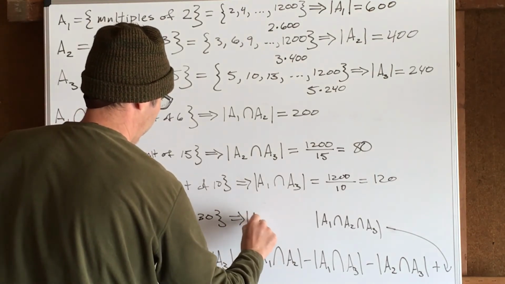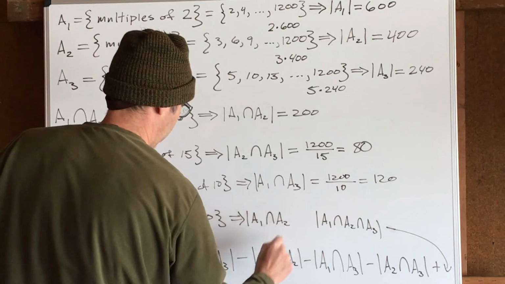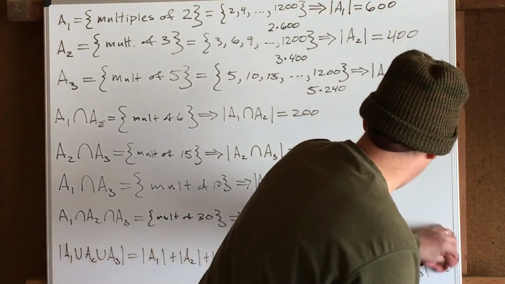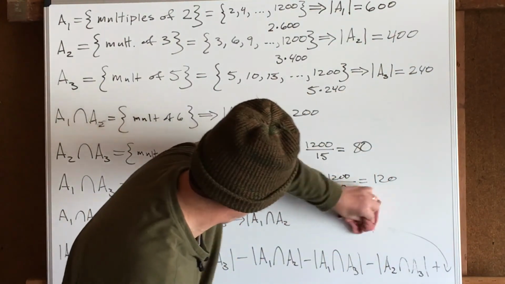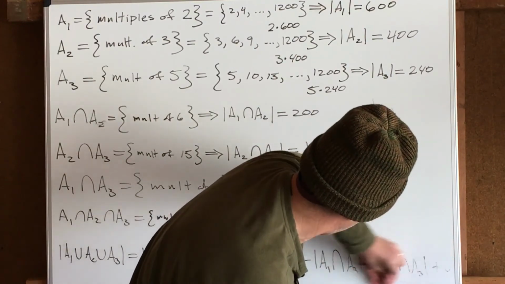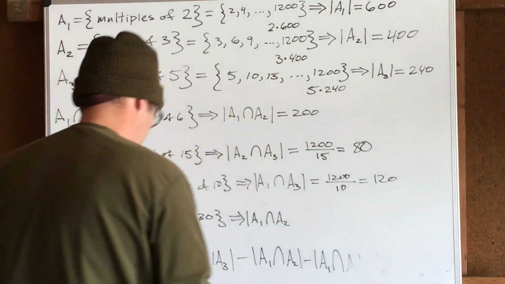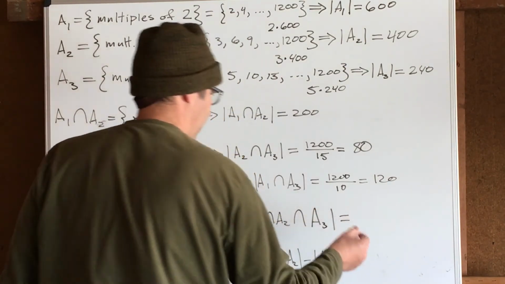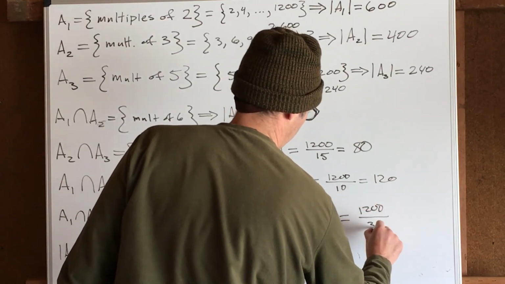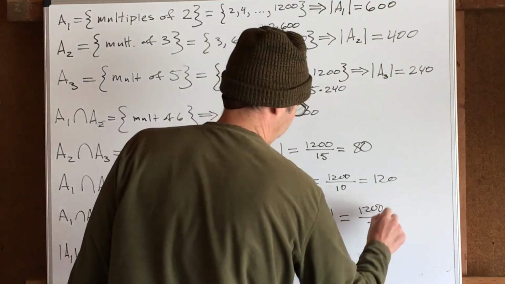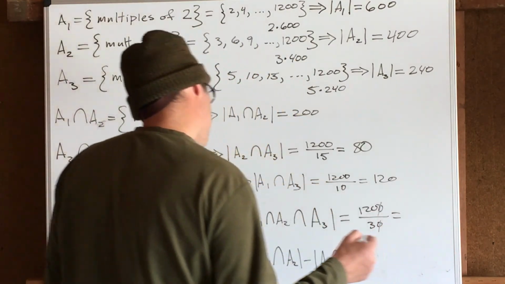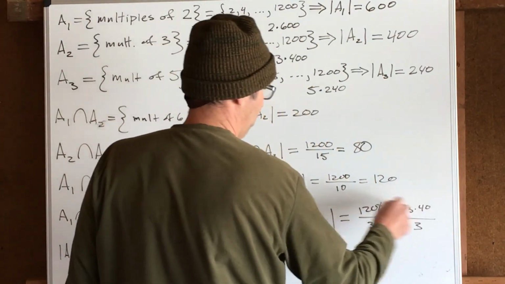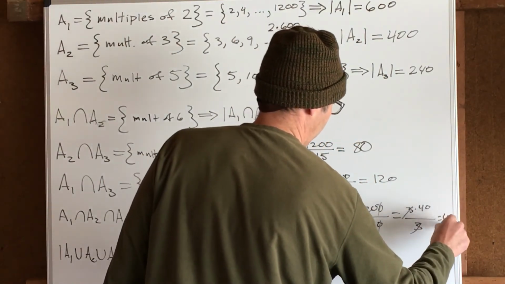So 1200 over 30. 120 is 3 times 40, so that's 40.